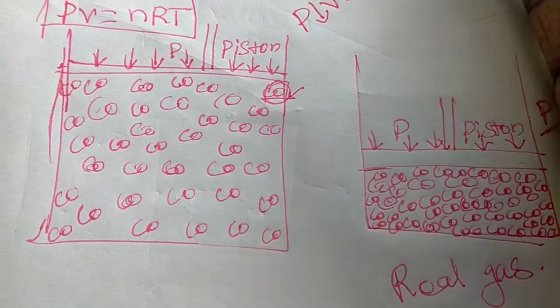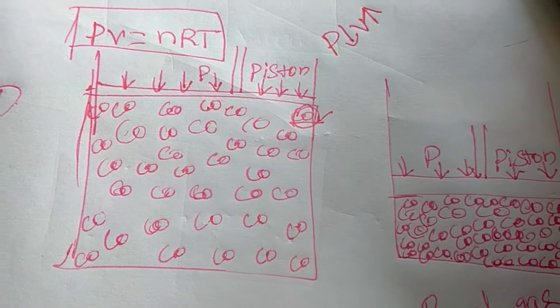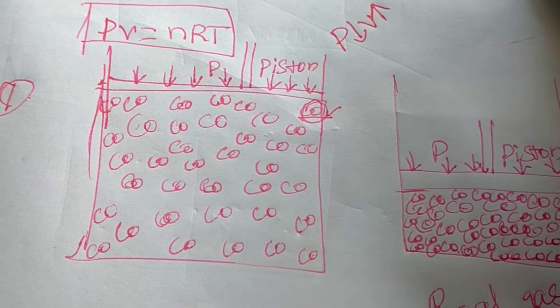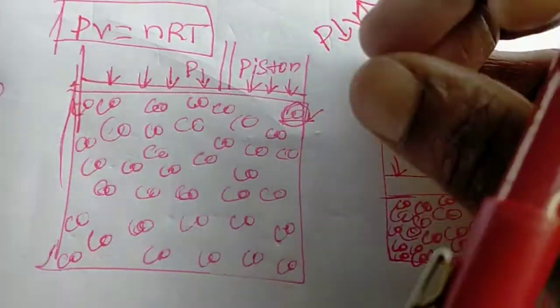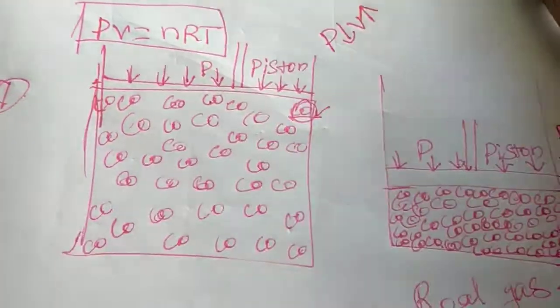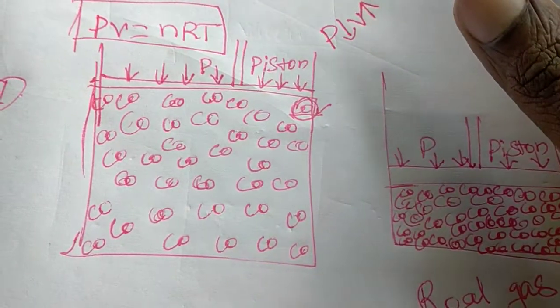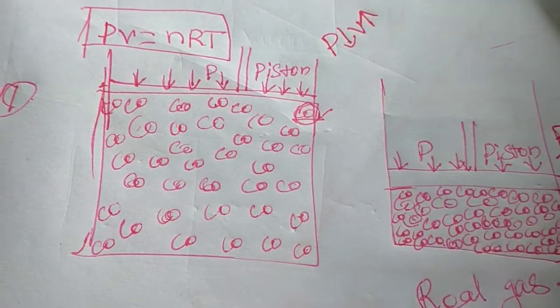Why? Because the volume of each molecule is very small, but totally it is a large volume. That's why the volume of the single molecule is not under consideration, or we are easily neglecting that value.